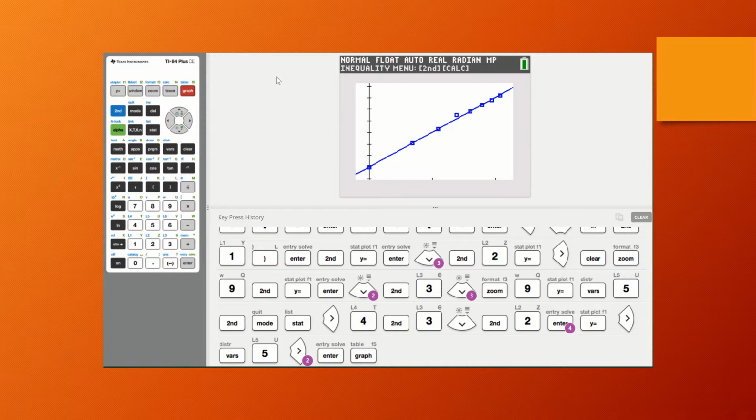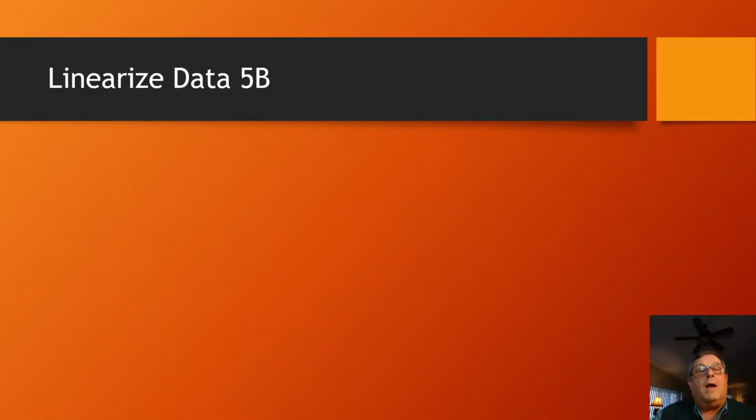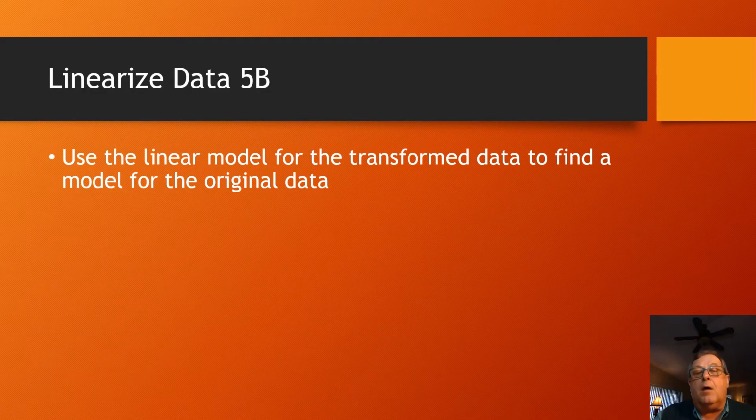Okay, now we're going to transform that data back to a logarithmic function. So let's move on. All right, so let's see. Use a linear model for the transformed data to find a model for the original data. And our original data was in a logarithmic model.